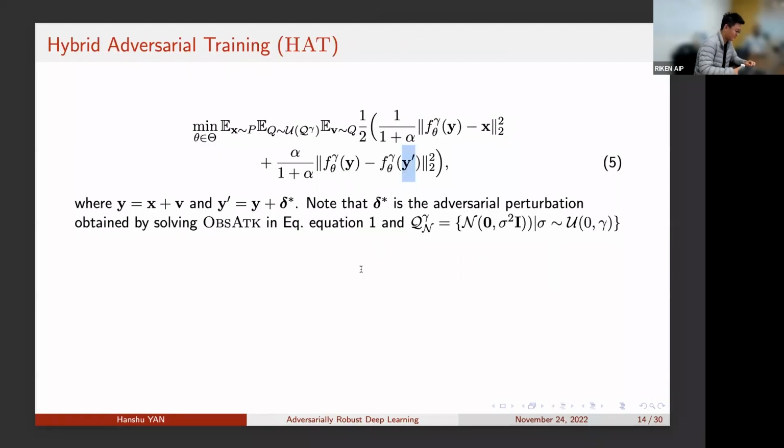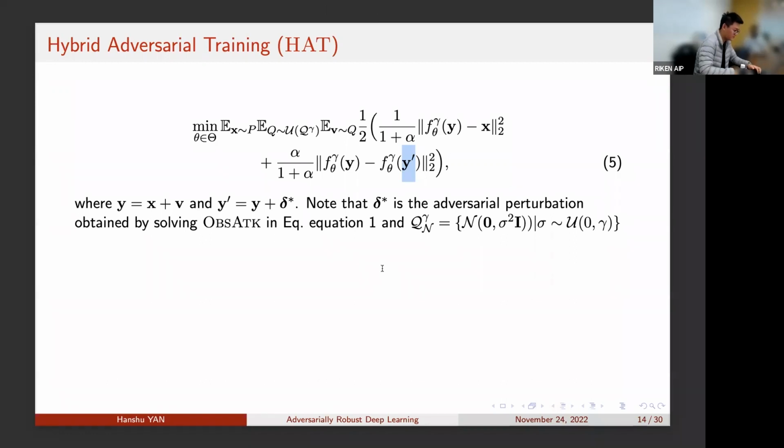Okay. So it's the same strategy as the standard AT. Yeah, quite similar, just the loss function has another term. I also tried to directly use F theta of Y prime and X, and the performance is a little bit worse. Actually we do not know why, and this is kind of heuristic.